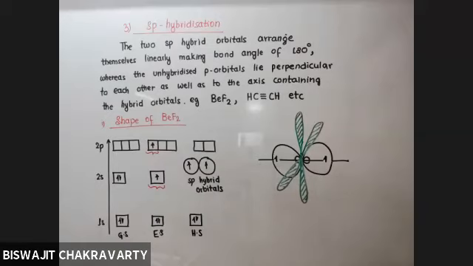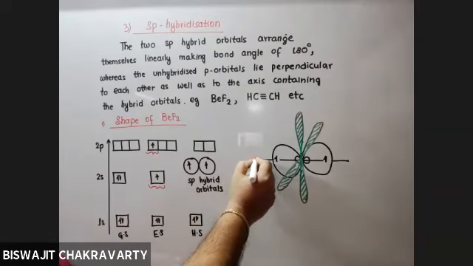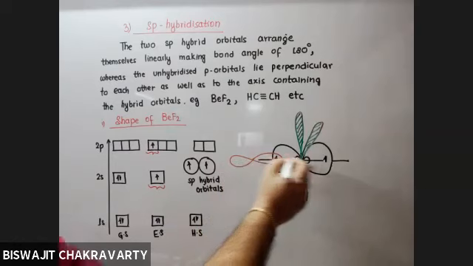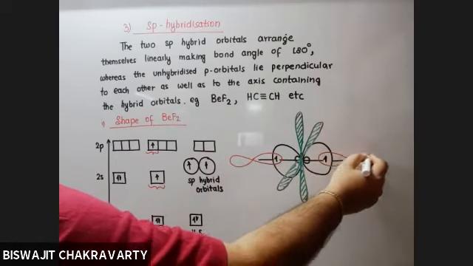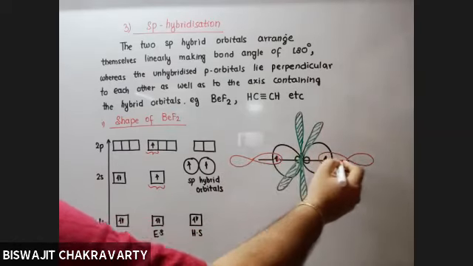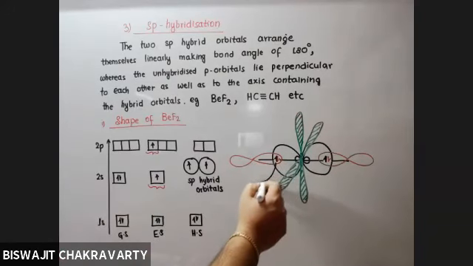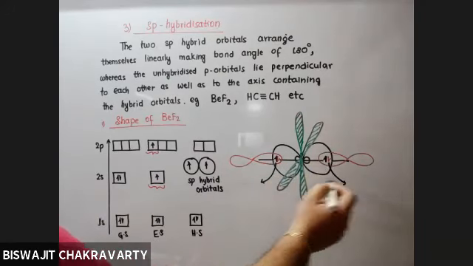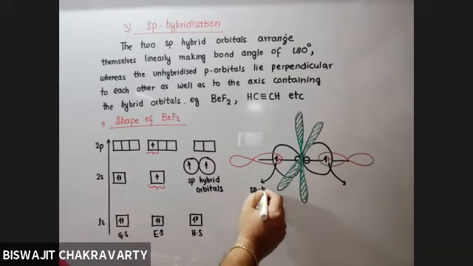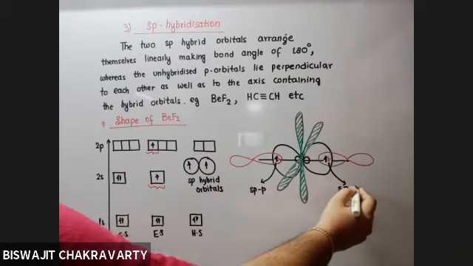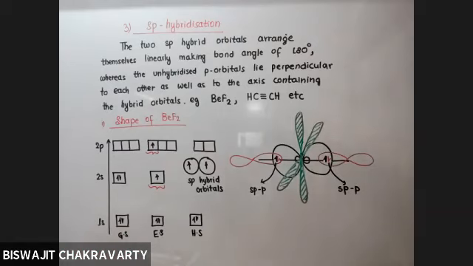And for fluorine, what orbital am I supposed to show? Dumbbell orbital. So this is one fluorine. This is another fluorine. So they are going to form two sigma bonds. What is the nature of the sigma bond? sp-p. See whether it is clear or not.